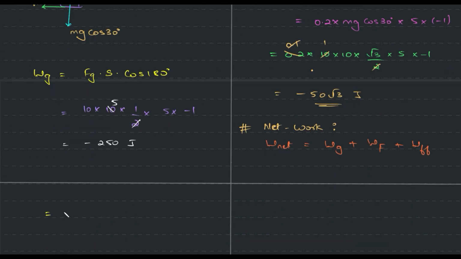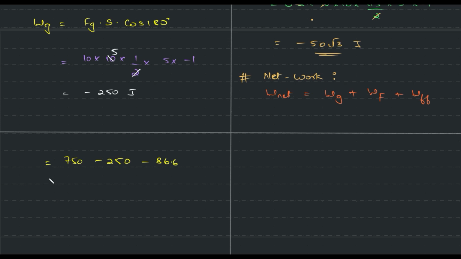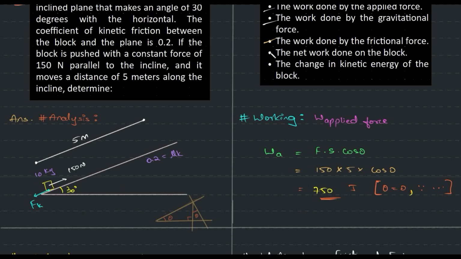So we have 750 minus 250 minus 50 root 3, which is approximately 86.6. So 750 minus 250 minus 86.6, and this is 413.4. That's the net work.